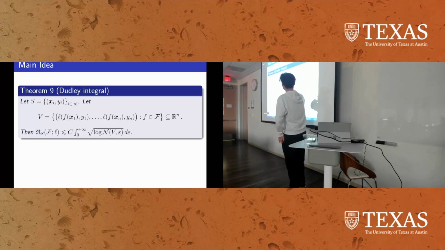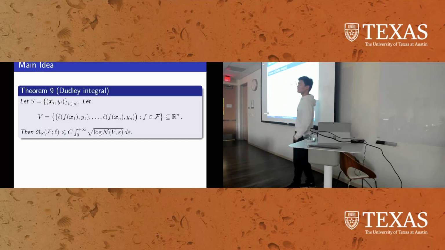Now if I look at all these vectors by forwarding my data using all possible classifiers in my hypothesis space, I will get a subset V of R^n. The entropy integral says the Rademacher complexity can be controlled by the integral of the square root of the log of the covering number of this set V. So this connects all the way back to our theory of the covering number, and all I need to do is to control the covering number of this set.